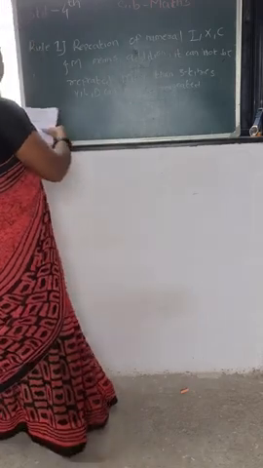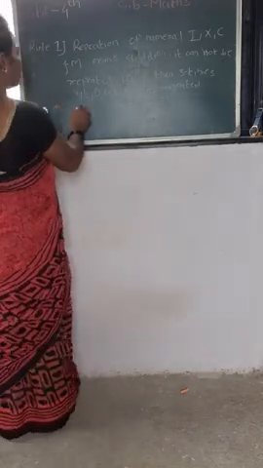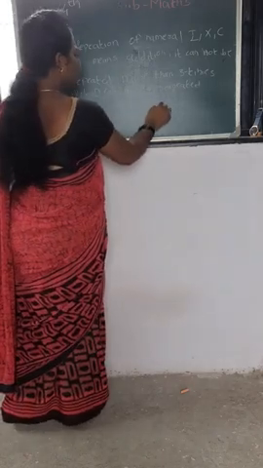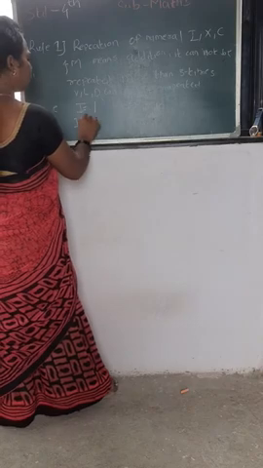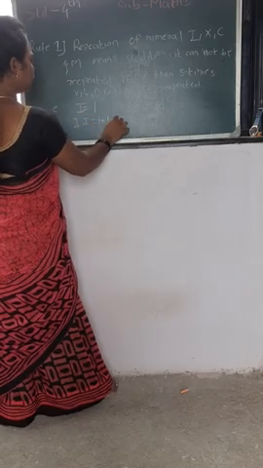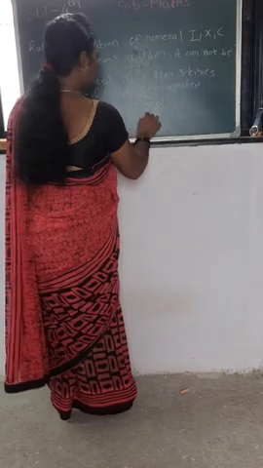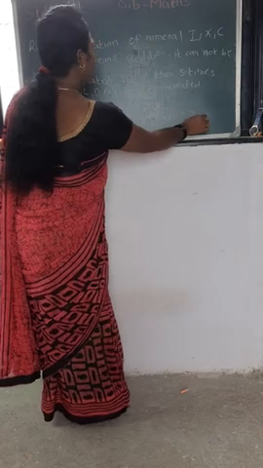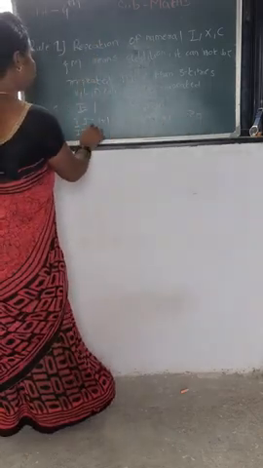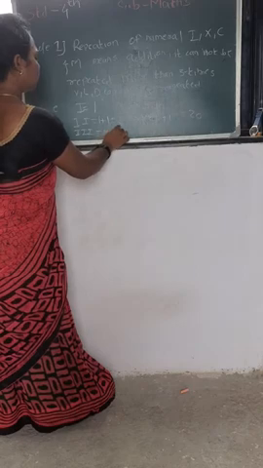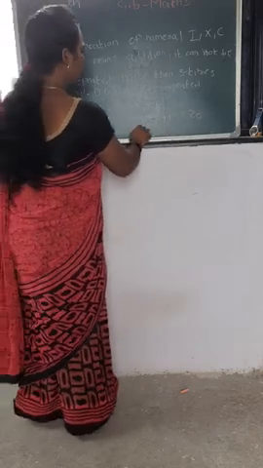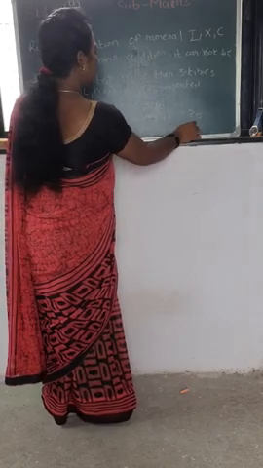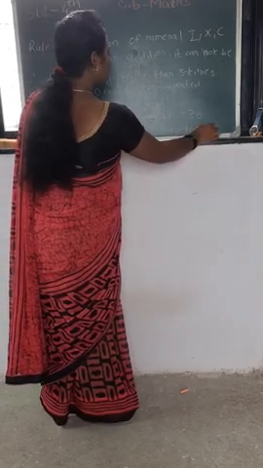This is our first rule. For example, I is denoted by 1, X is 10. Then 2 times I is 1 plus 1, that is 2. 2 times X is 10 plus 10, which is 20. 3 times I is 1 plus 1 plus 1, which is 3. 3 times X is 10 plus 10 plus 10, which is 30.